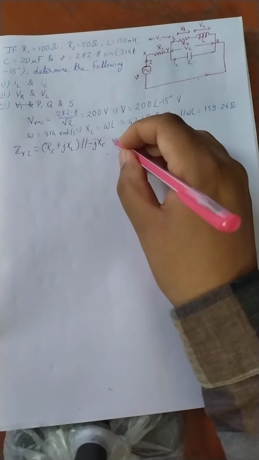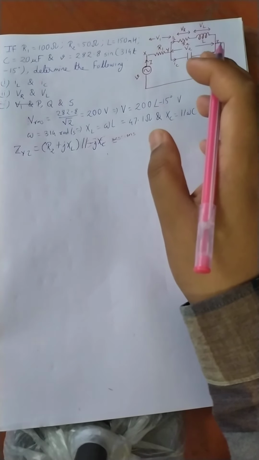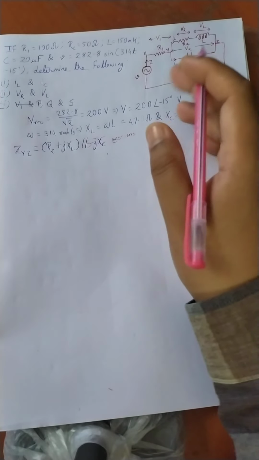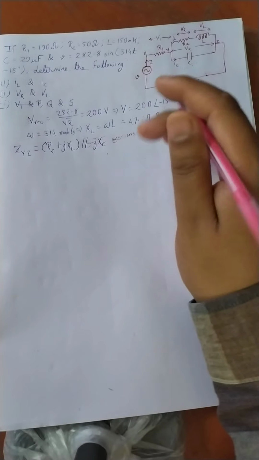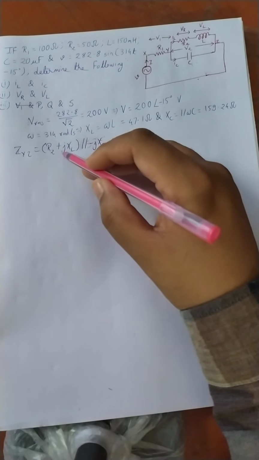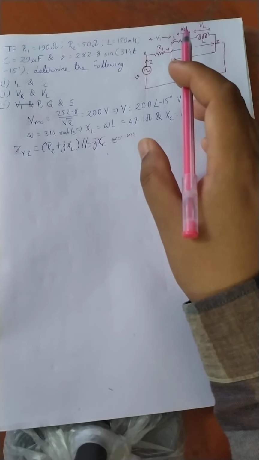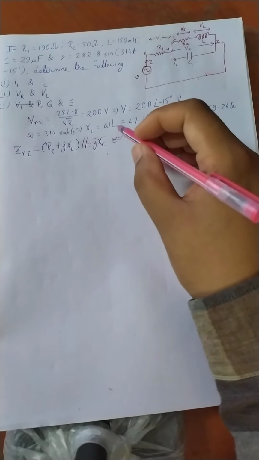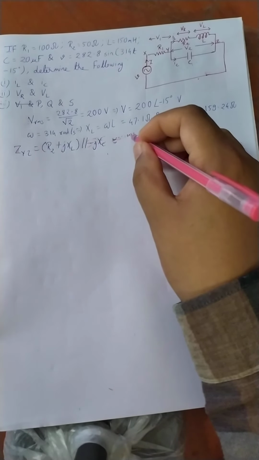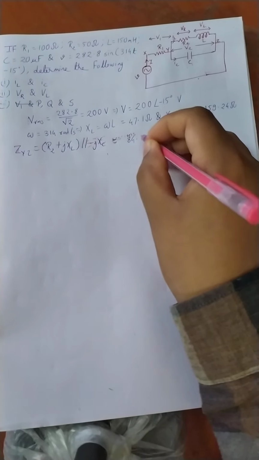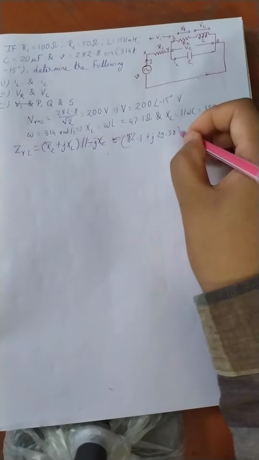Now if I simplify it, the normal multiplication and addition operations of complex numbers can be applied, because this j and the complex number i are analogous. So after solving, we get that Z_YZ is equal to 84.1 plus j29.38 ohm.